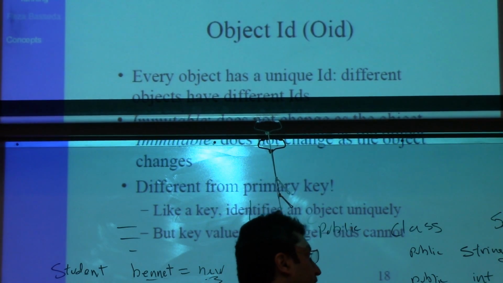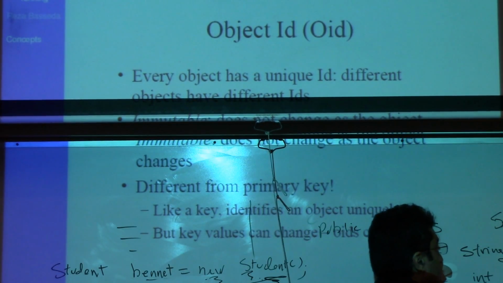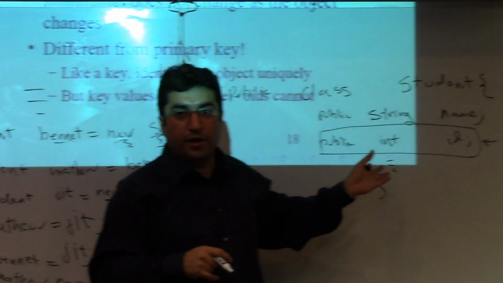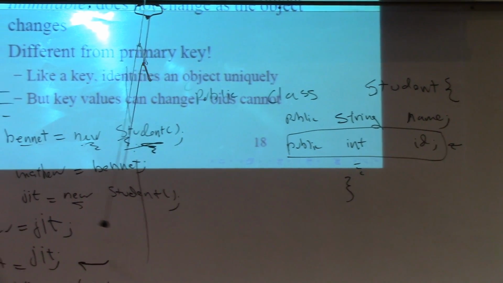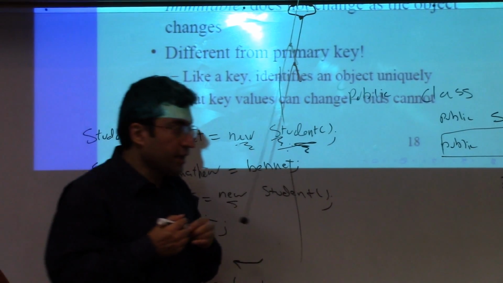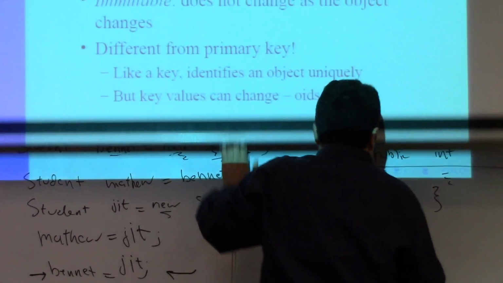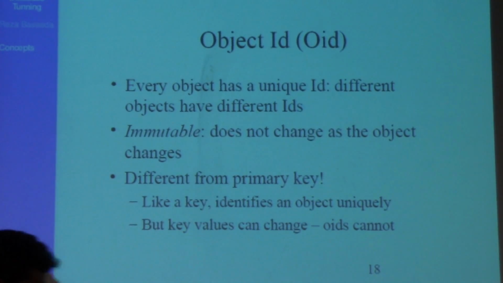Okay, you may define the ID as a key. Okay, the key is defined as an attribute. But the object ID is the unique ID that identifies the whole object by itself. However, you still can define constraints and keys.